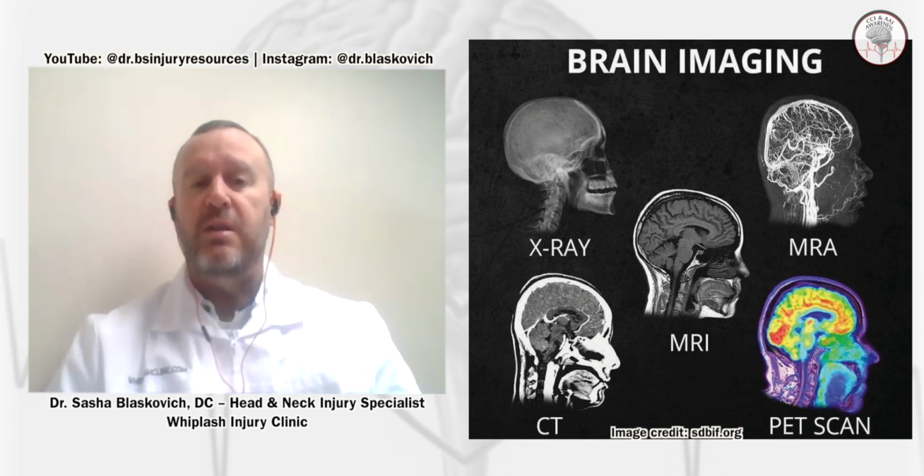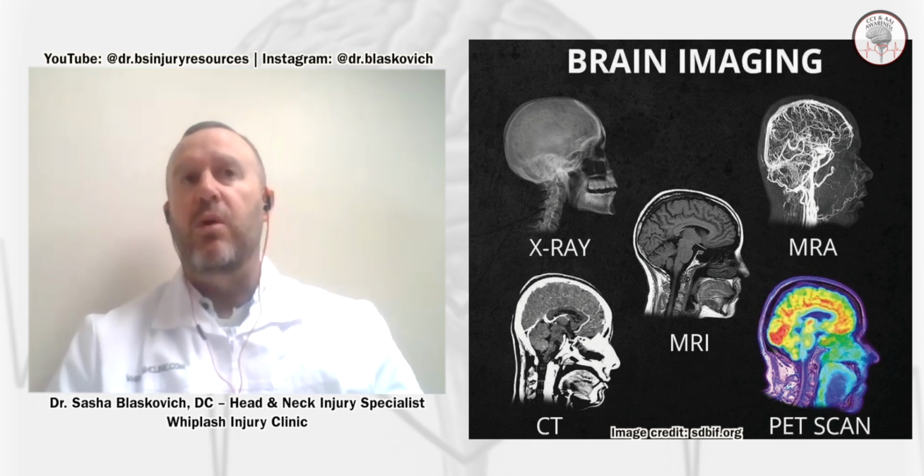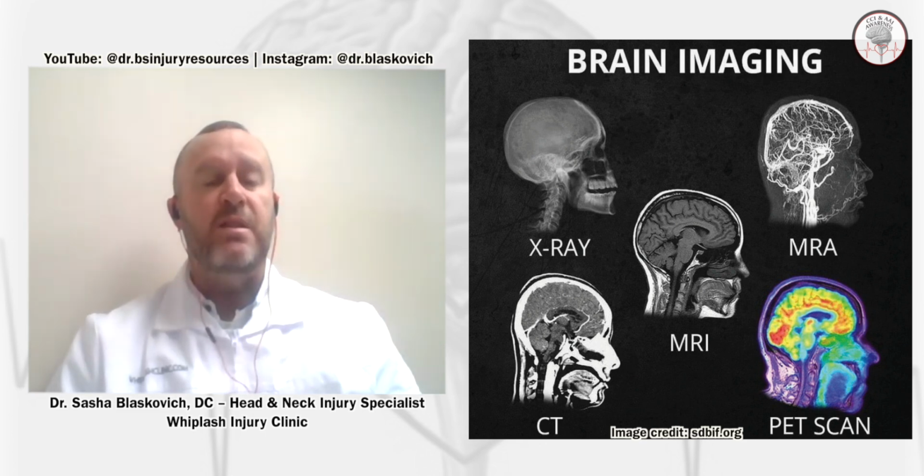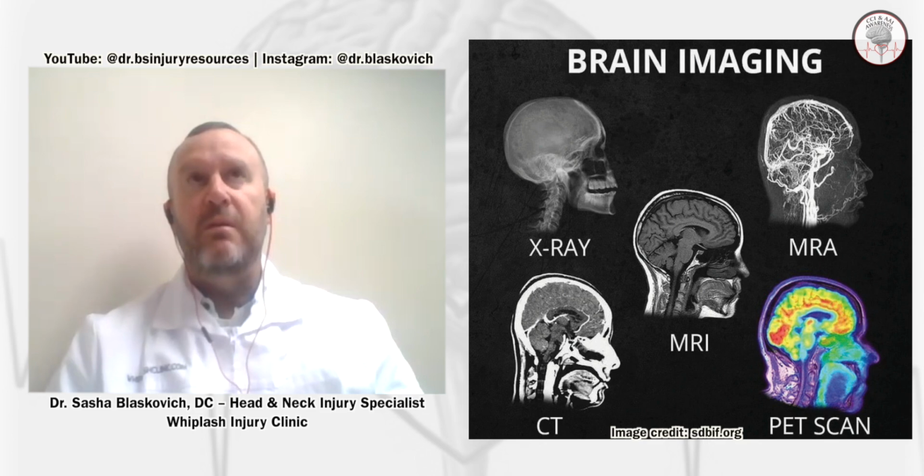So generally, when people come to us, they've had multiple different types of imaging done, so CT scans, MRIs. And I'd probably say more than 75% of the time, there are very subtle signs and findings on those CT scans or MRIs that provide a suspicion for ligament damage.